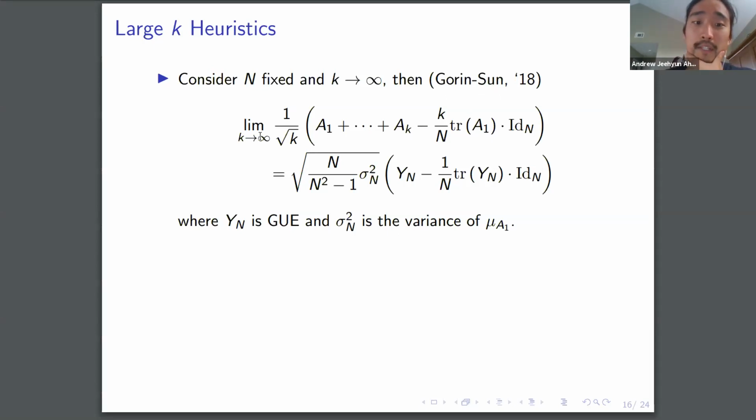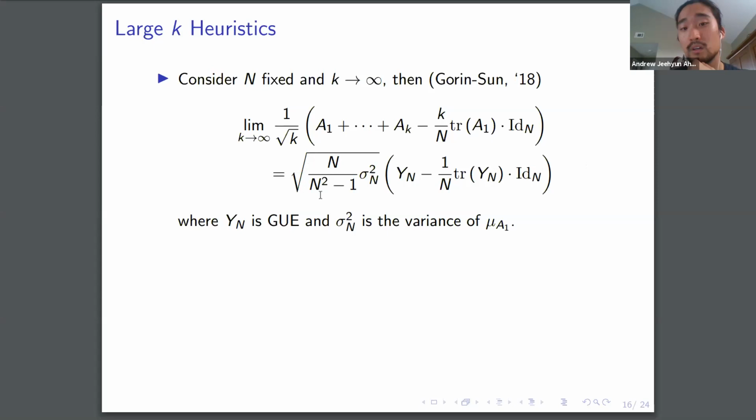You'll find that if you take the following limit, we take the sum of the Ai, subtract out a scalar matrix in terms of the trace of A1, and rescale by 1 over square root k, then this should converge as k tends to infinity. Again, the number of summands is increasing to infinity, but the size of the matrix is fixed.